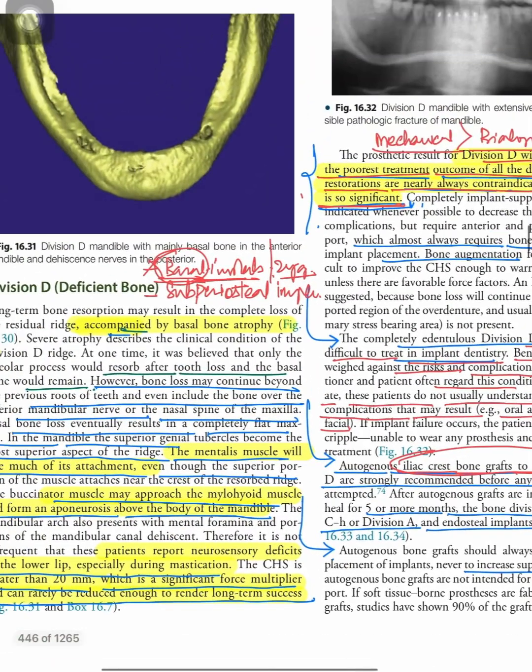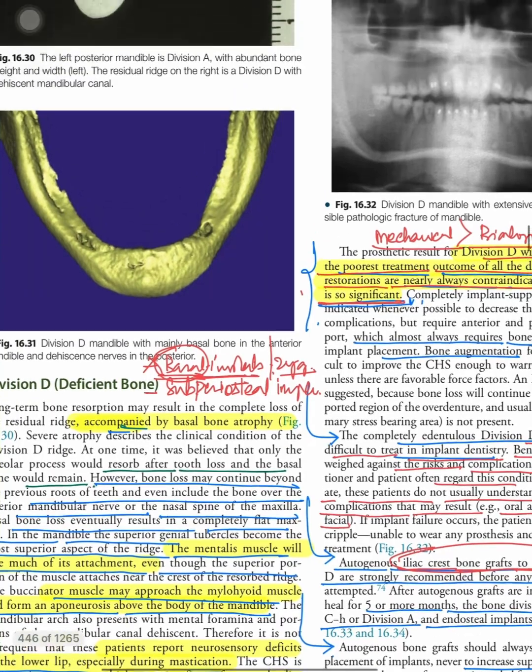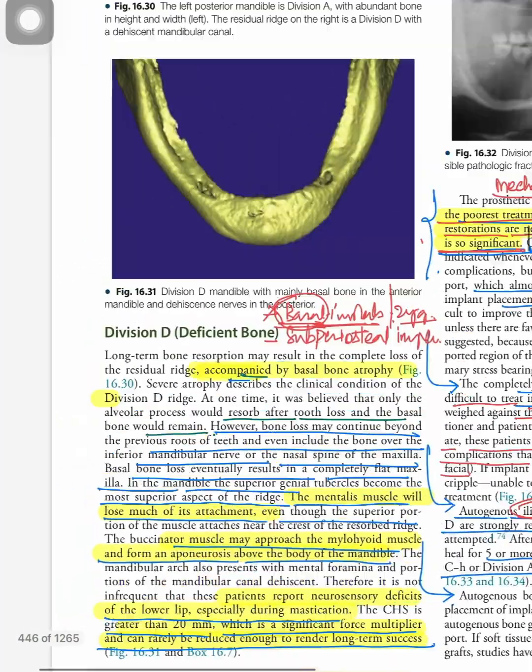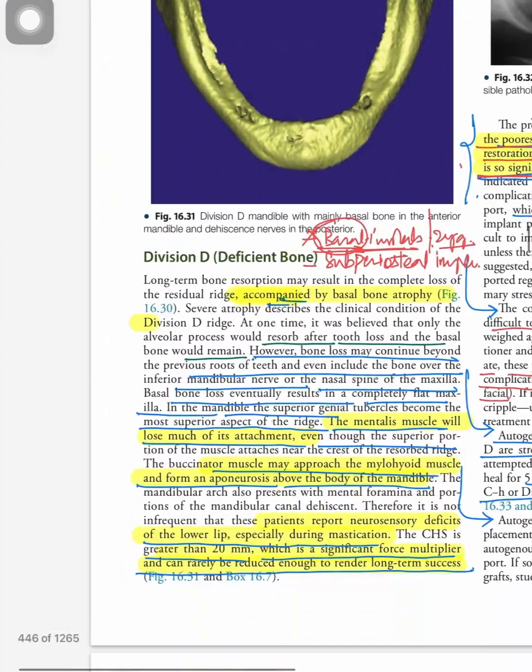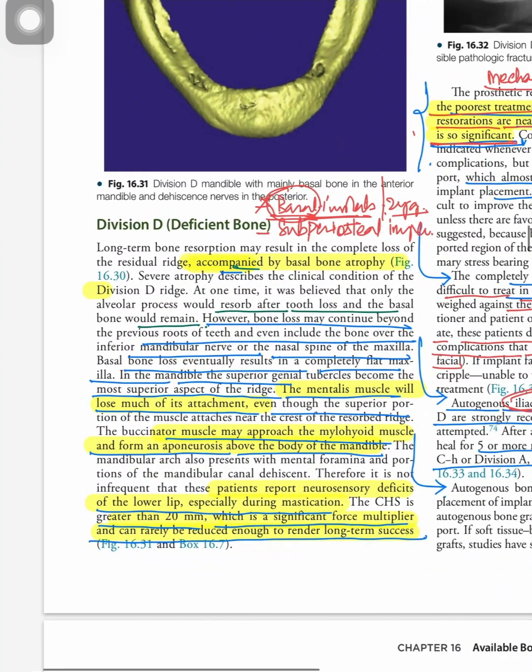All right, okay. There's something I have missed over here. See, when we talk about division D or division C in posterior maxilla, you have an option of doing a sinus lift.